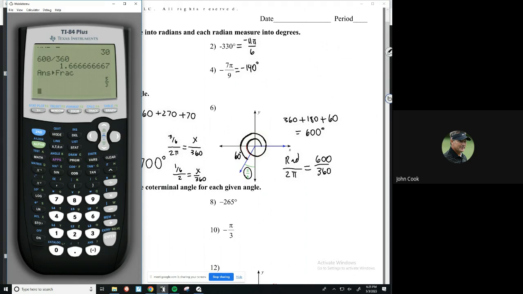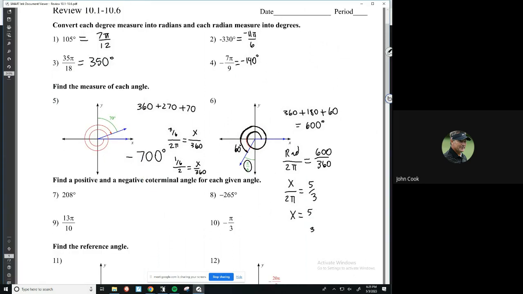So 5/3. So whatever my radian equivalent to this is, I'd set it equal to 5/3. If I multiply both sides by 2 pi, I get my answer. I have to simplify it a little bit, but it's pretty easy because 2 times 5 is 10. So this would be 10 pi over 3. This would be my answer in terms of radians.